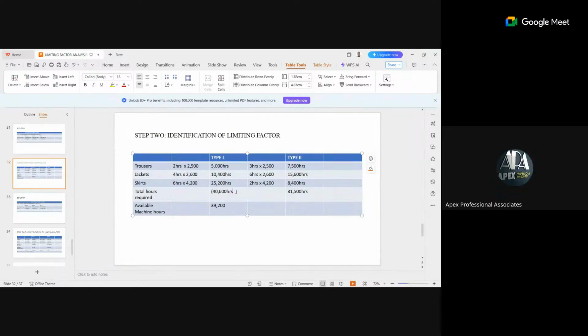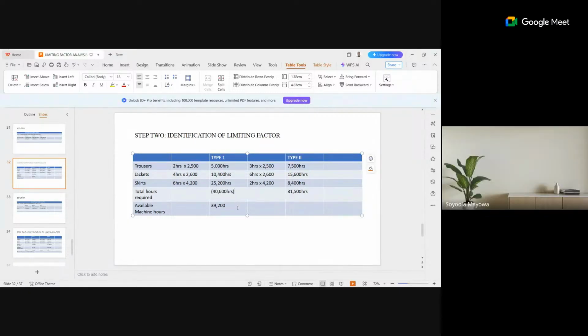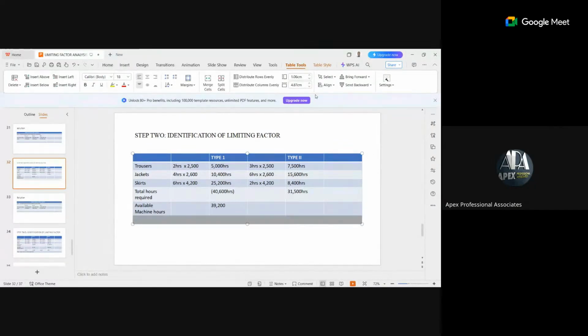Are we having a deficit, or an excess or surplus here? No, we're having a deficit, because we don't have sufficient hours to meet up with our production. So it will be in negative. Now, for this type 2 machine, you need 31,500 hours. How many hours do you have?